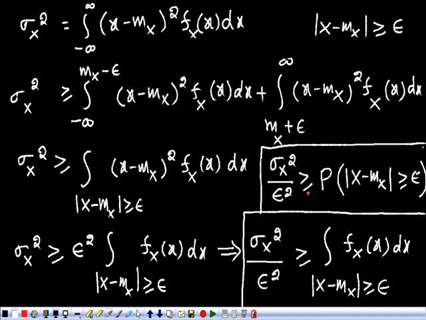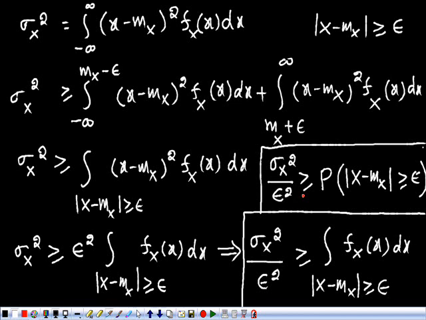This is the Chebyshev inequality. You see the definition of the Chebyshev inequality. What I have written, probability of mod x minus mx greater than or equivalent to epsilon is less than or equivalent to sigma x square by epsilon square. So that is our proof of the Chebyshev's inequality, which is a bound that indicates how the random variable deviates from its mean value.